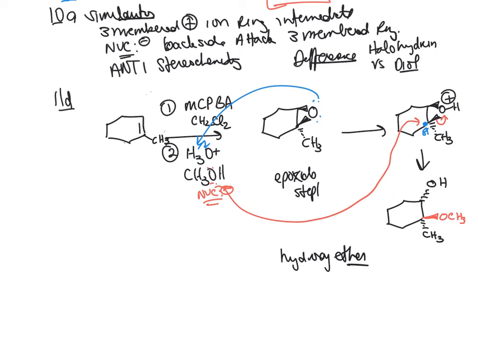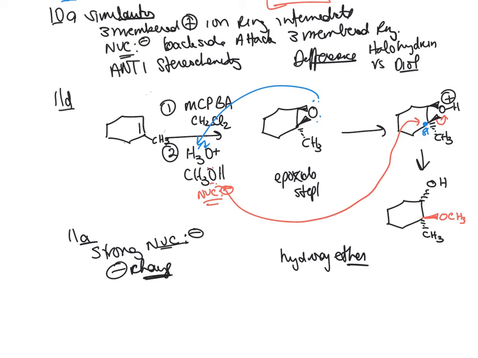Okay, 11A. If the epoxide is not activated by reacting with acid, then any nucleophile can react with the neutral epoxide. Must be a strong nucleophile. You know strong nucleophiles are going to have a negative charge.